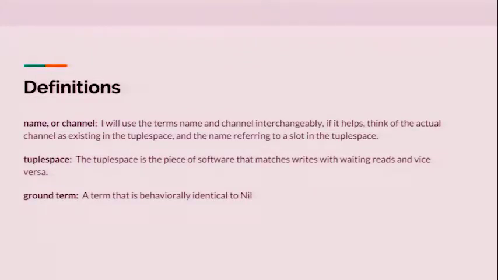Rholang is a programming language designed by Mike Stay and Greg Meredith that implements features on top of the rho calculus, kind of in a similar way to how something like Haskell or ML implements features on top of the lambda calculus.